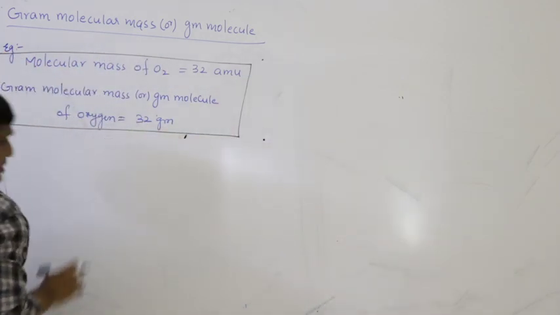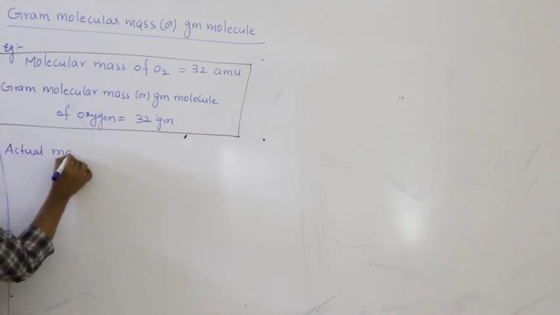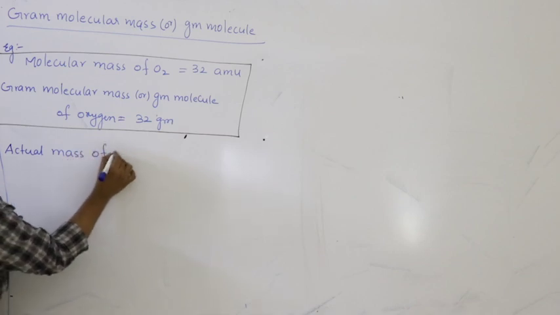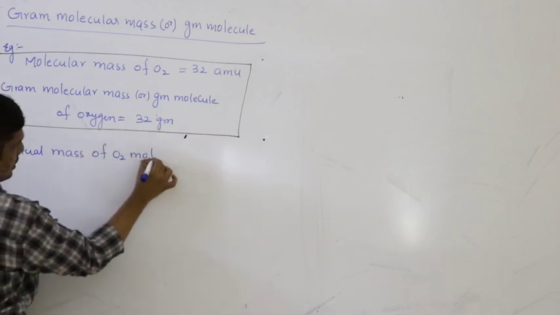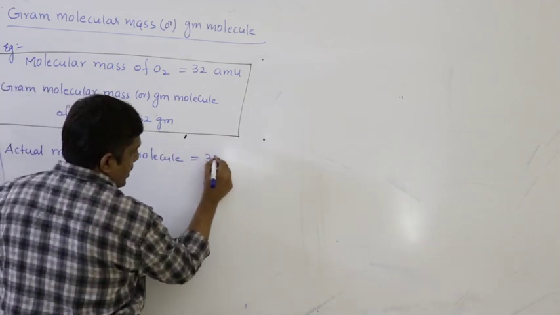Now, this gram value is different from the actual mass. What is the actual mass of an oxygen molecule? That is 32 AMU.